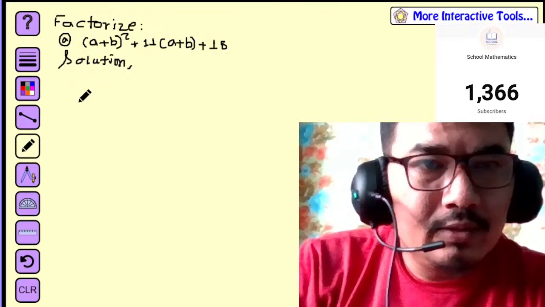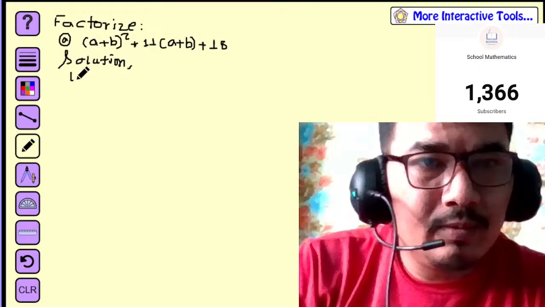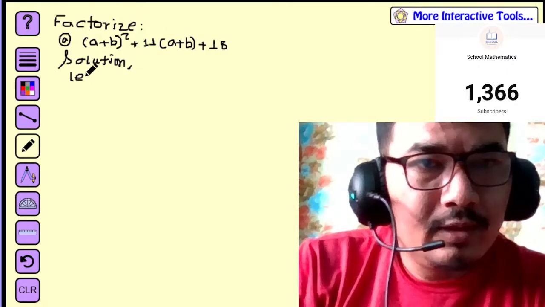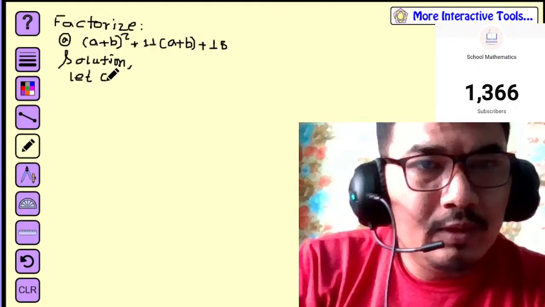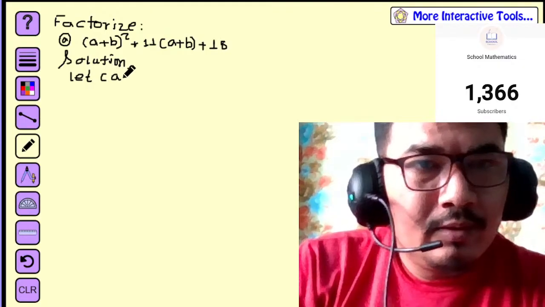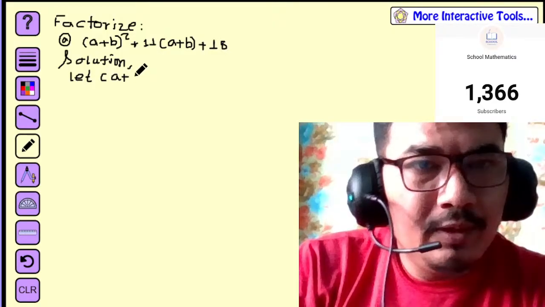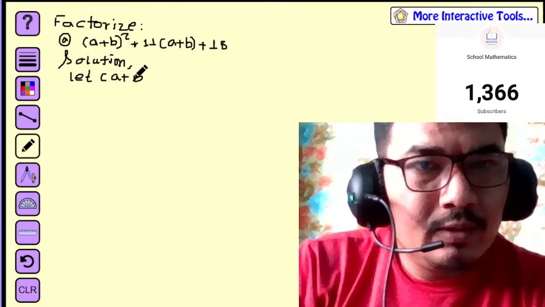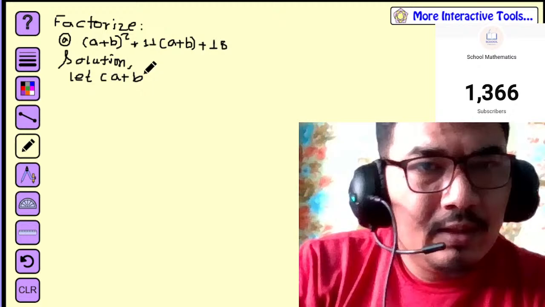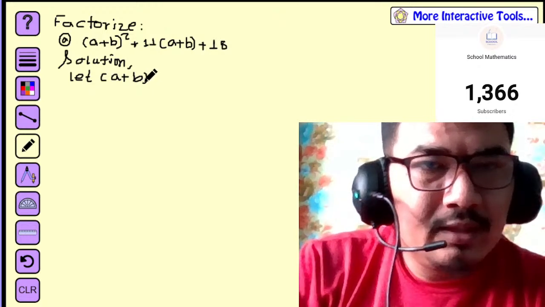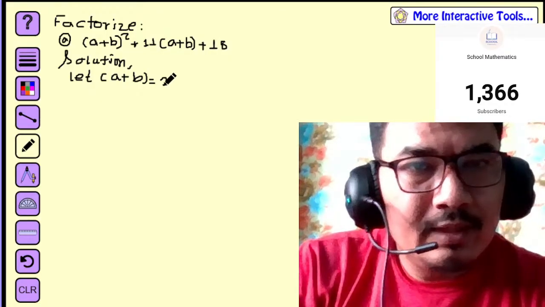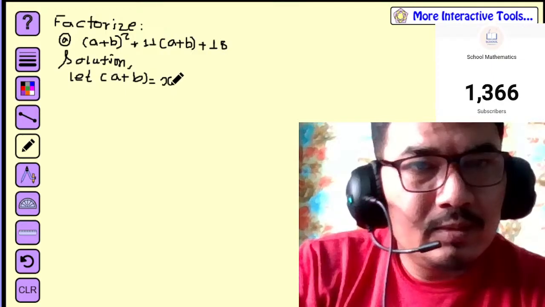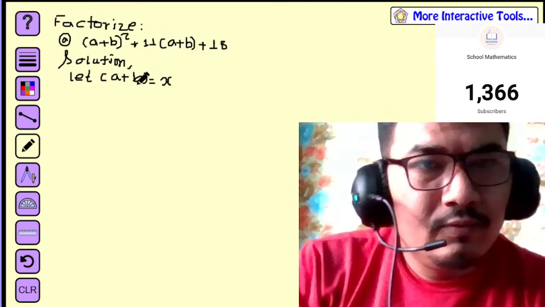You can write let also, or suppose, no problem. Here write let. Then we can suppose this a plus b. The question looks a bit larger, that's why we are making it a bit smaller by supposing this a plus b value equals to x. Okay, we are supposing this x, right?